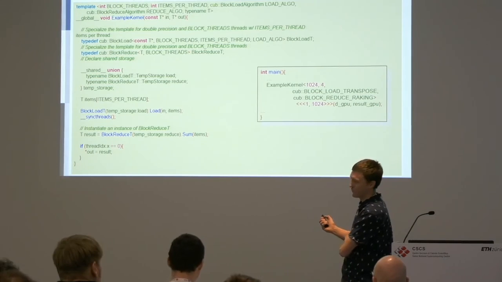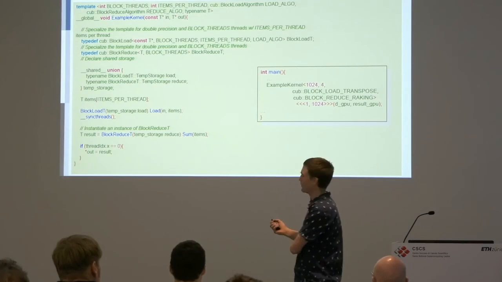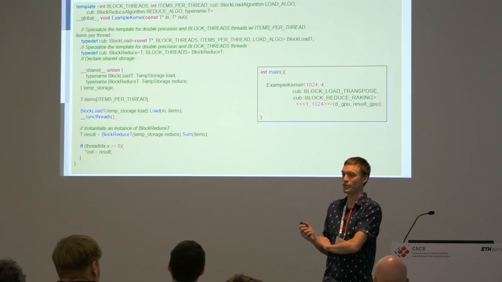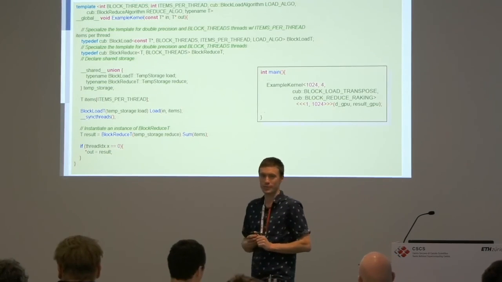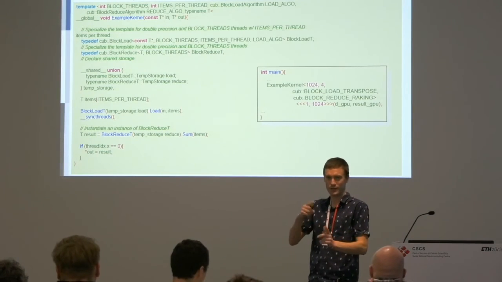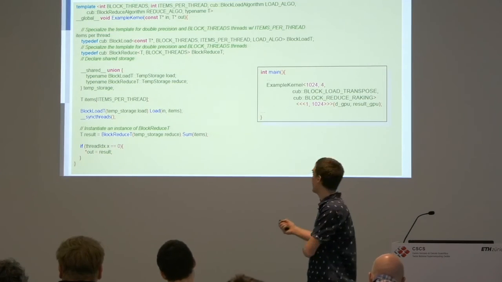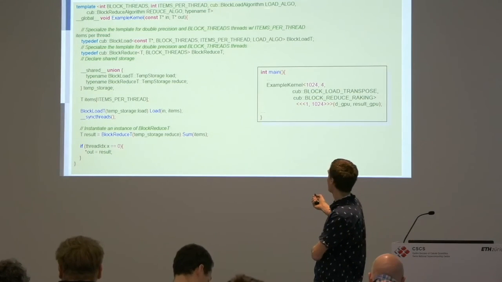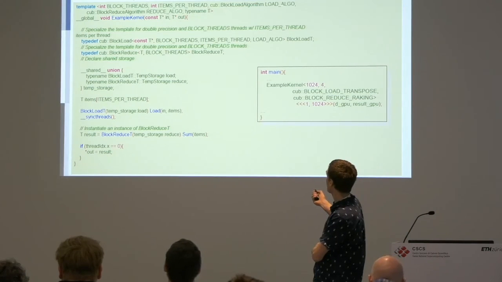And then, as I said before, CUB provides different techniques that you can use to load chunks of data. So if you want each thread to load 4 bits of information, there are different kinds of access patterns, different ways you can get threads to work together to do this. And so now we've added this as an additional parameter, exactly how we wanted to do the load.